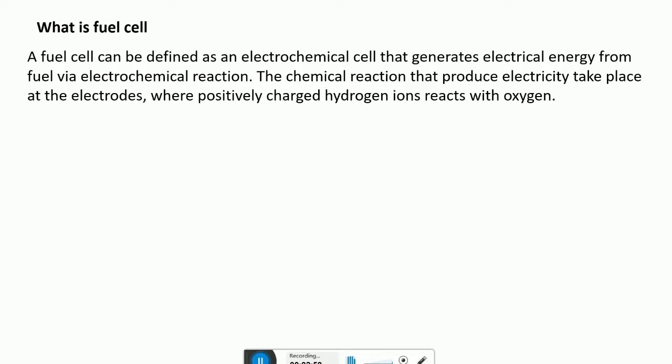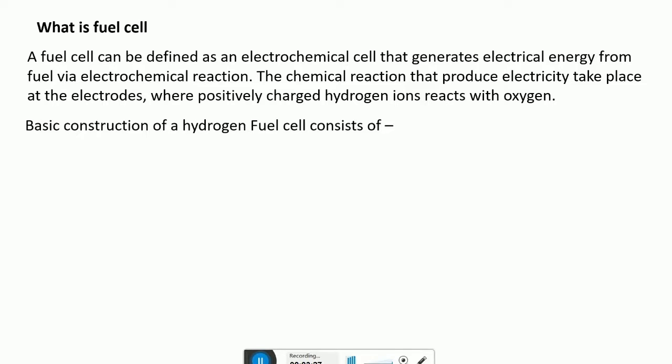Means fuel cell generates electric energy from fuel via electrochemical reaction, and this takes place at the electrodes where positively charged hydrogen ions react with oxygen. Then a basic construction of this hydrogen fuel cell: in short, fuel cell is just like a battery.